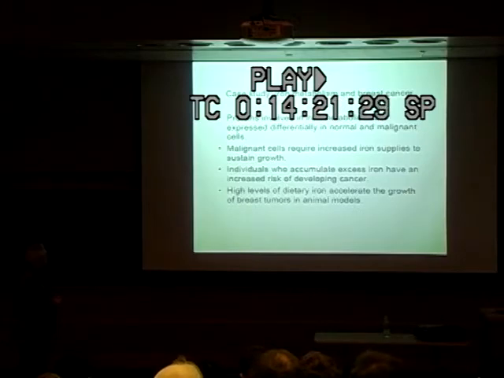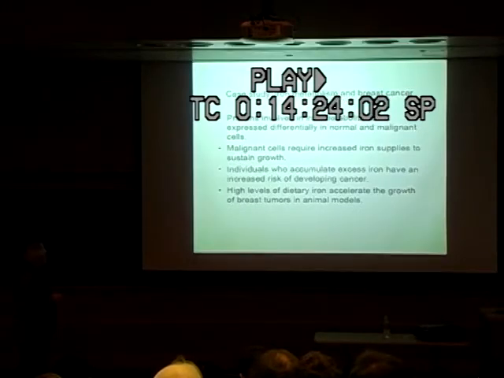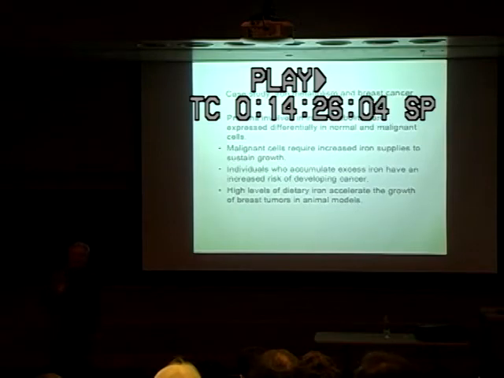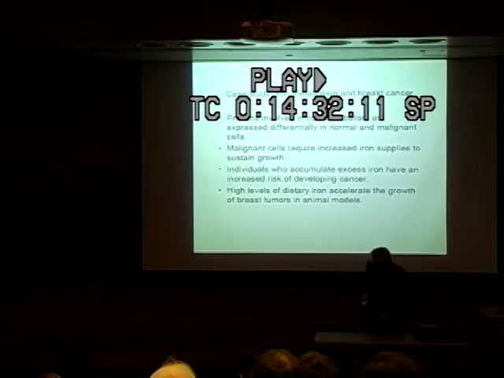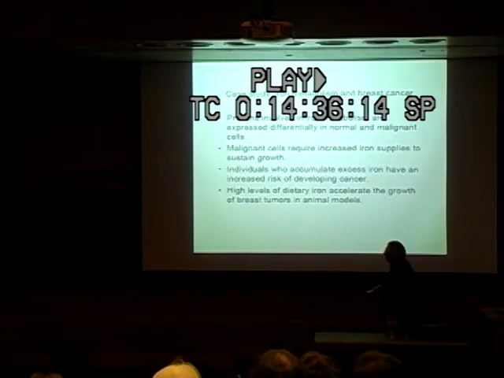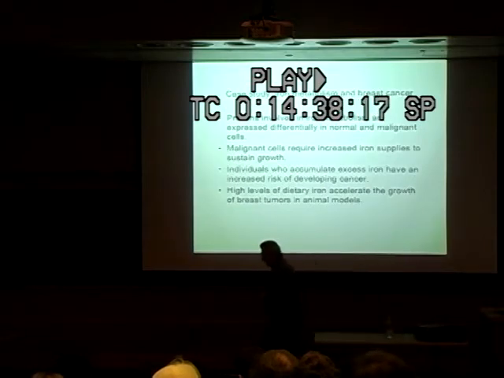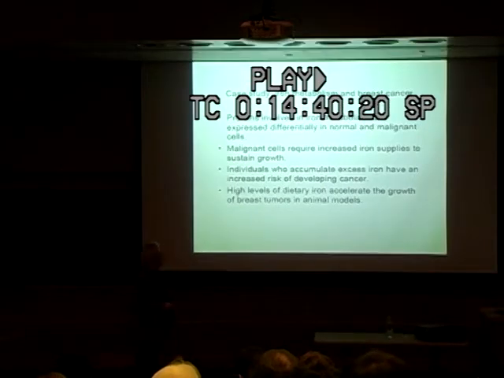So first of all, what does iron metabolism have to do with breast cancer? And here we're talking about intracellular iron metabolism, not systemic iron metabolism. There are a number of things that are known about this.